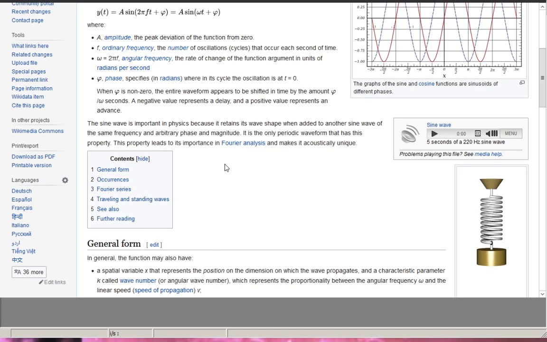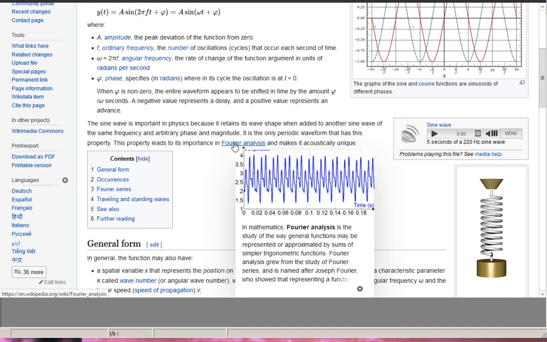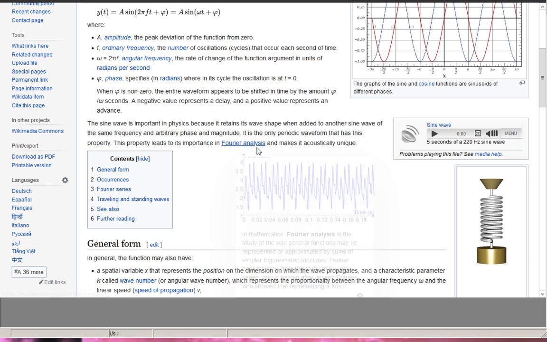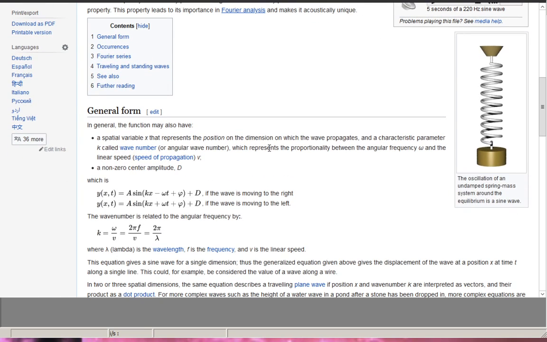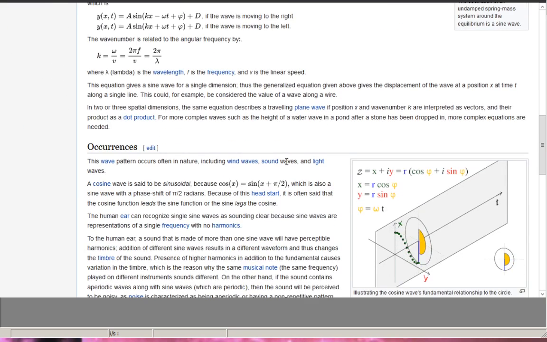This property leads to a Fourier analysis that makes it acoustically unique. y(x,t), wavelength, and so on.